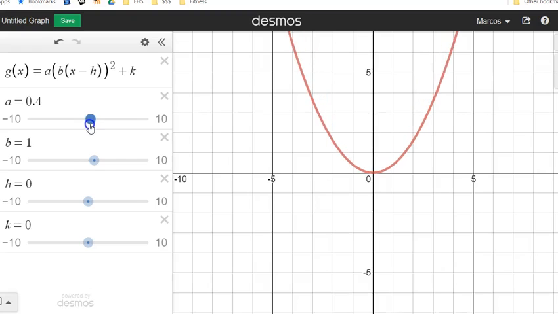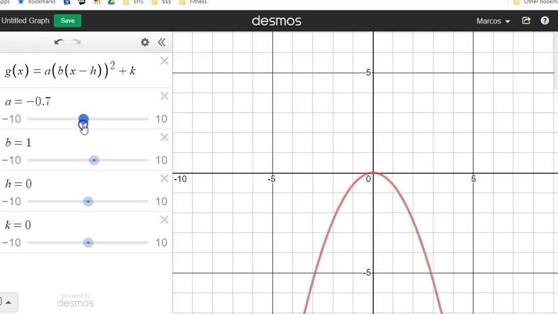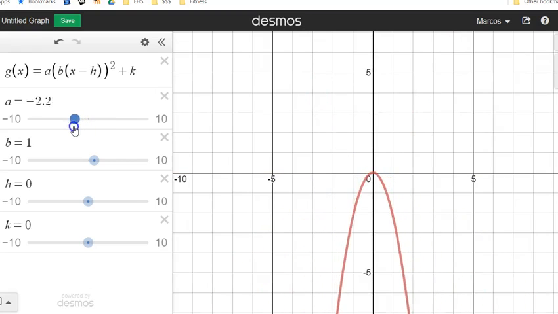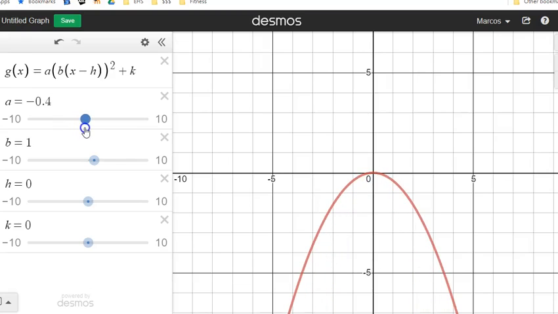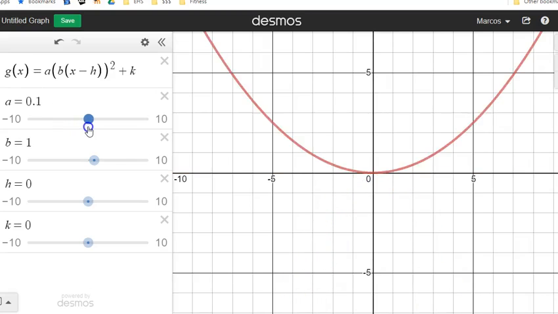Notice how I'm compressing it, meaning it's getting fatter now. As soon as I go negative, same rules apply, but between -1 and 0 will be a compression, meaning it's going to get fatter. Let's go back to 1 here.